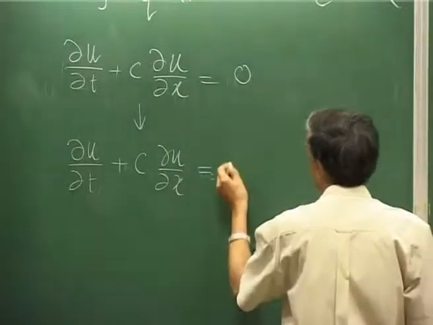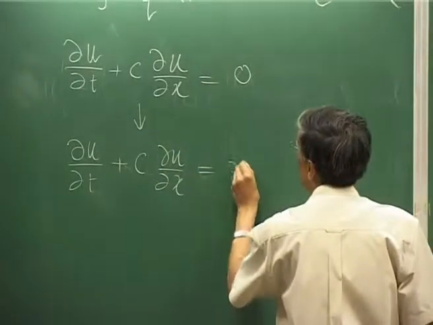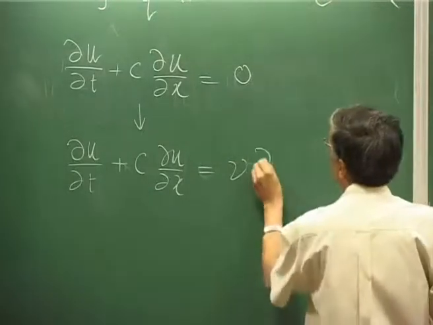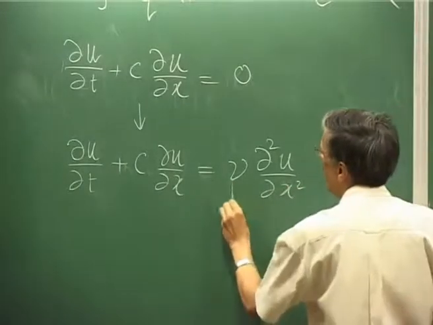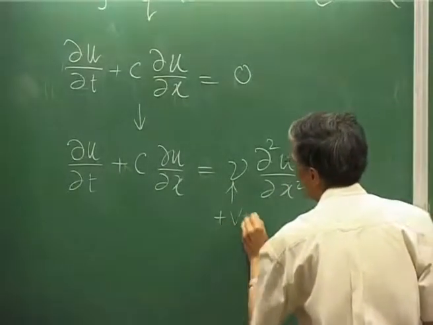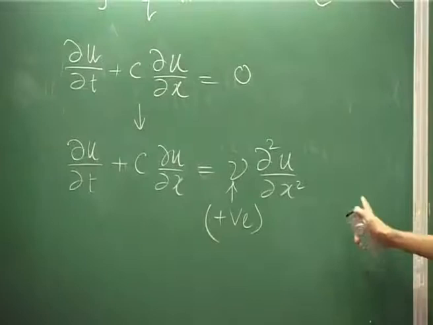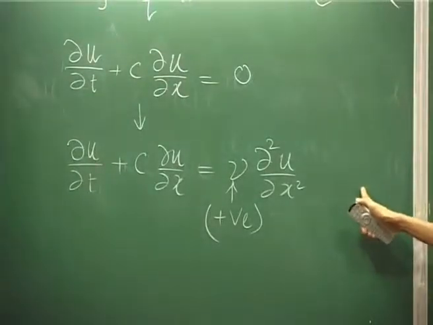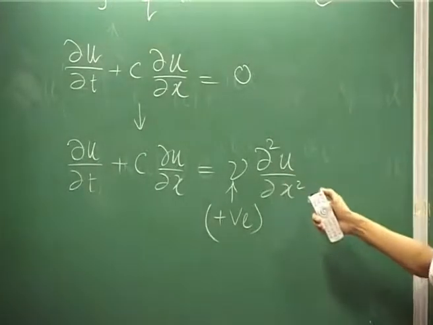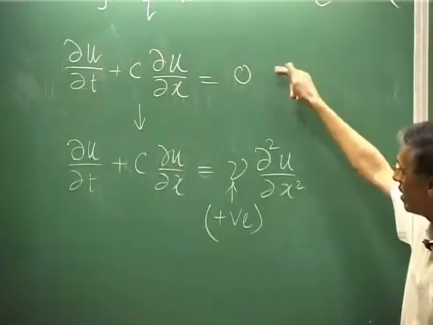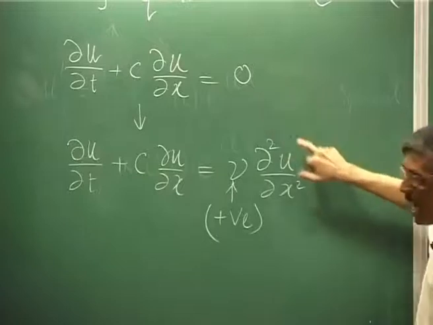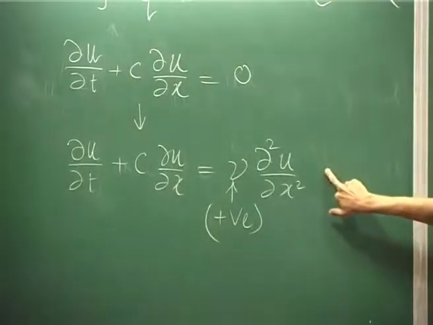I would add some, let me call this nu. See, if nu is going to be a positive quantity, then of course you are dissipating the solution, right? This is like adding a physical dissipation. So if I have a method where instead of solving this equation, I have an equivalent equation of this kind, what am I doing?